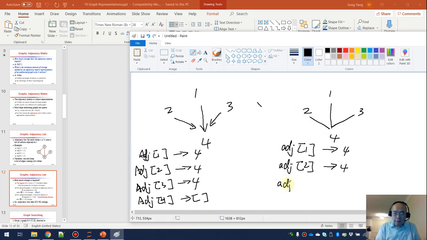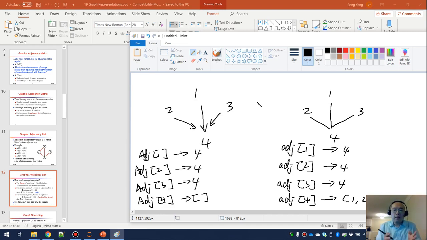And then for the ADJ3, it's a 4 again. But how about the ADJ4? For the ADJ4, 4 is connected to 2, 1, and 3. And because that is an undirected graph, it will be a list of 1, 2, and 3 in this case, right? So this is an undirected graph.